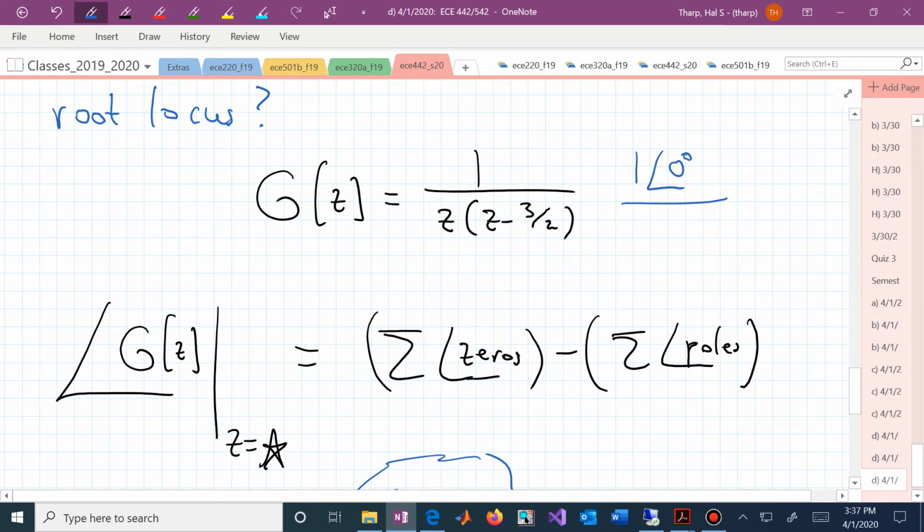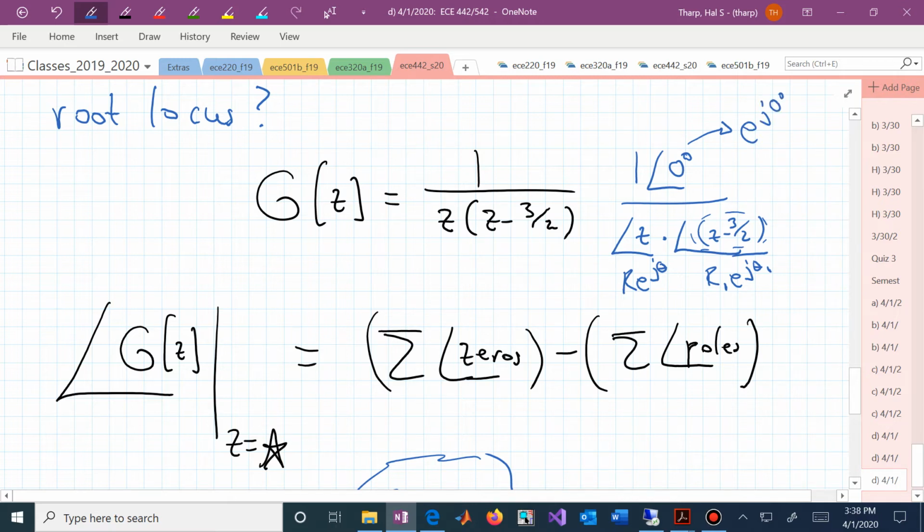This is now the angle of z, and it's also the angle of z minus 3 halves. If z is a complex number, that could be written as r e to the j theta. This is also a complex number for some choice of z, so this is an r1 e to the j theta 1. And this is e to the j 0 degrees.